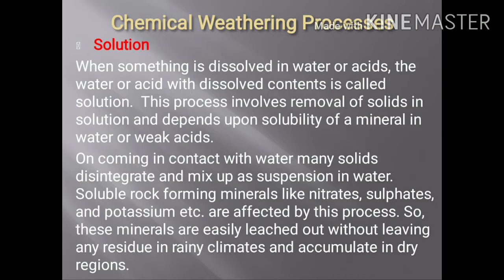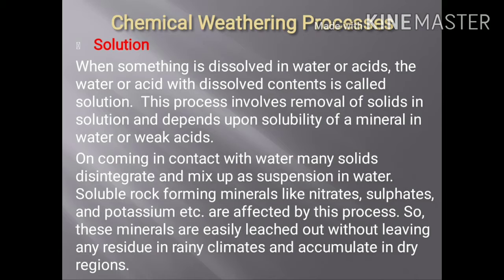Chemical weathering processes. The first chemical weathering process is solution. Anything dissolved in water or acids, the water or acid with that dissolved content, is called a solution. Solution is a process which involves the removal of solids in solution and depends upon the solubility of a mineral in water or weak acids.